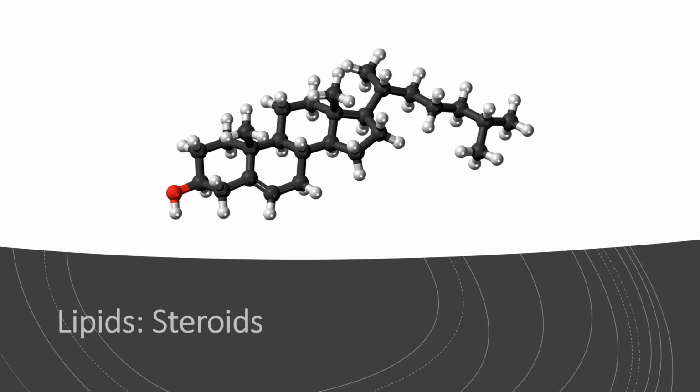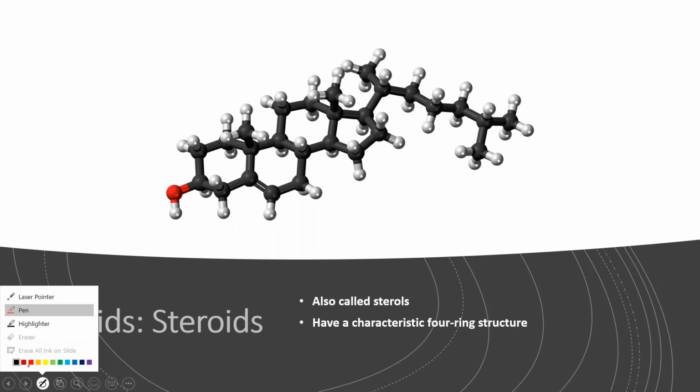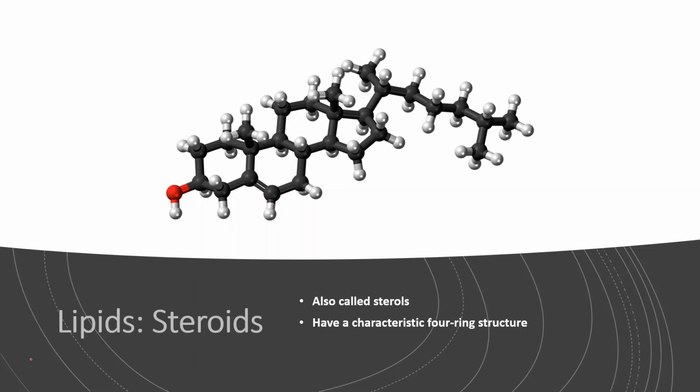Okay, the last group of lipids, the steroids, also known as sterols, have this structure you see up here. Let me illustrate it a little bit better. It says they have a 4-ring structure, and if you're not really familiar with chemistry, it's kind of hard to see at first. Well, here's a ring right here. Again, a hexagon. That's not an aliphatic chain, right? That makes a ring. There's another ring.